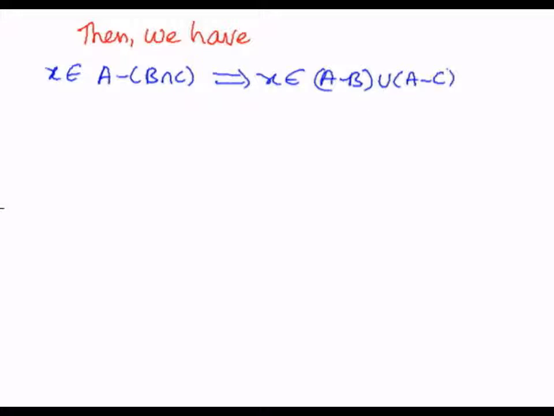So A minus B intersection C is a subset of the RHS, A minus B union A minus C. In this manner we have proved the first case.